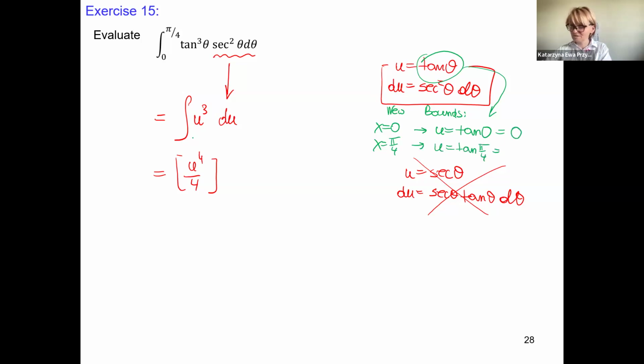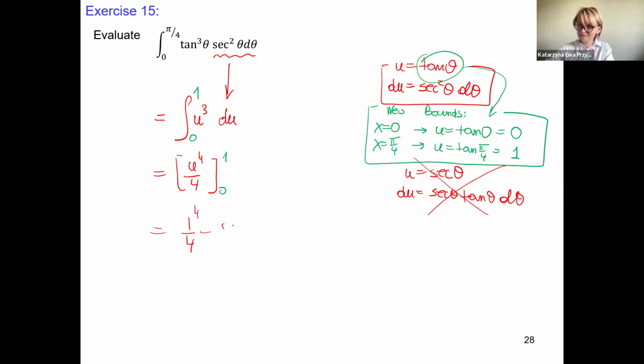Tangent at 0 is 0, that's the new lower limit. And what about tangent at 45? Tangent at 45 is 1. So our new limits of integration are from 0 to 1. Of course, I could skip 0. 1/4 is the final answer.